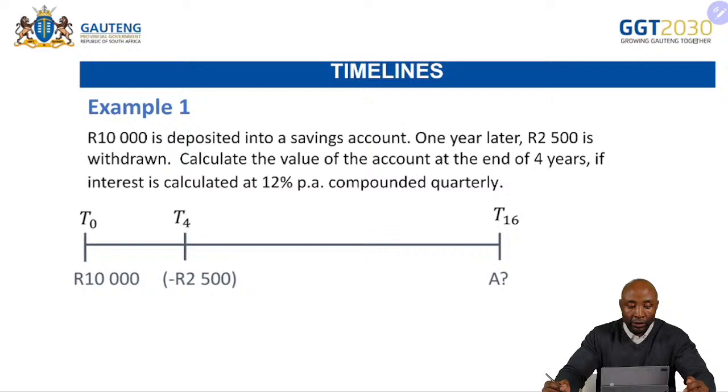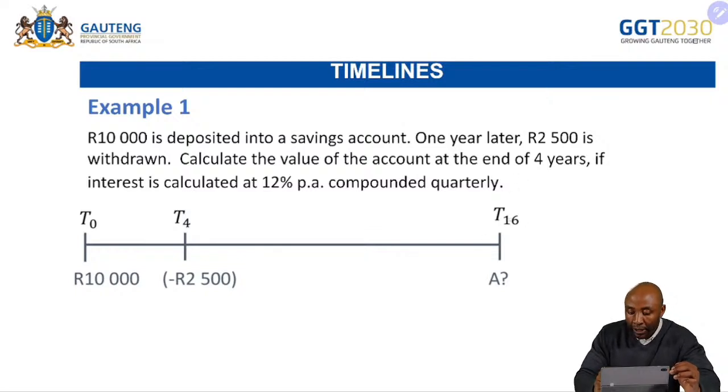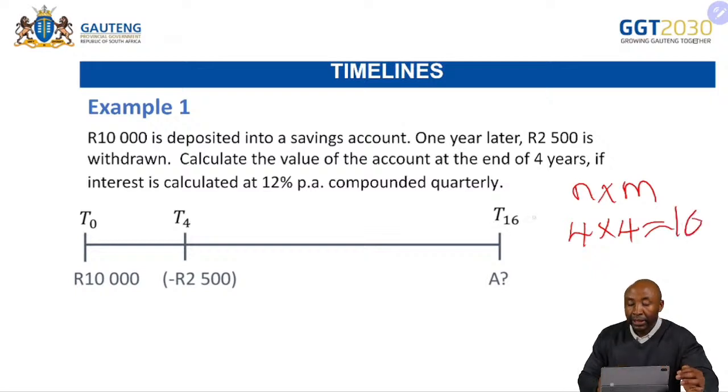So at the end of the first year, the interest would have been awarded 4 times. That is why I have T0 to T4, because I'm showing where the interest is awarded over 4 years. We know that to get this, it's N times M, isn't it? 4 times the quarters, which are 4, will give us the 16 that I've put on the timeline, so that I'm able to manipulate my timeline the way I want.